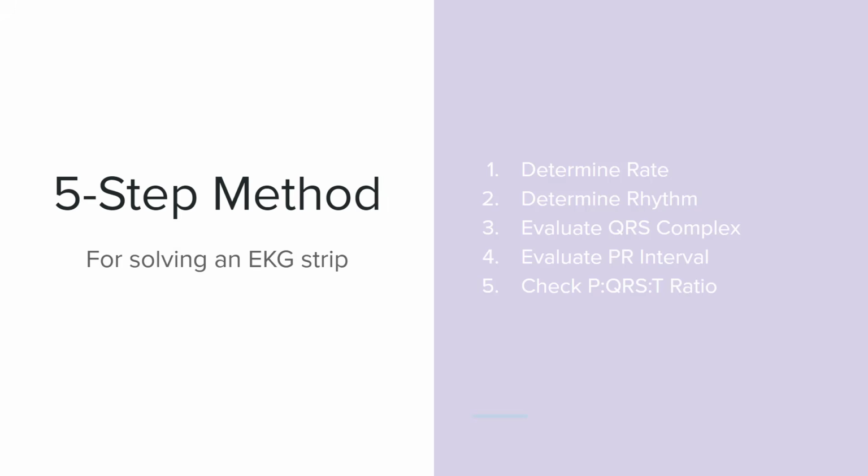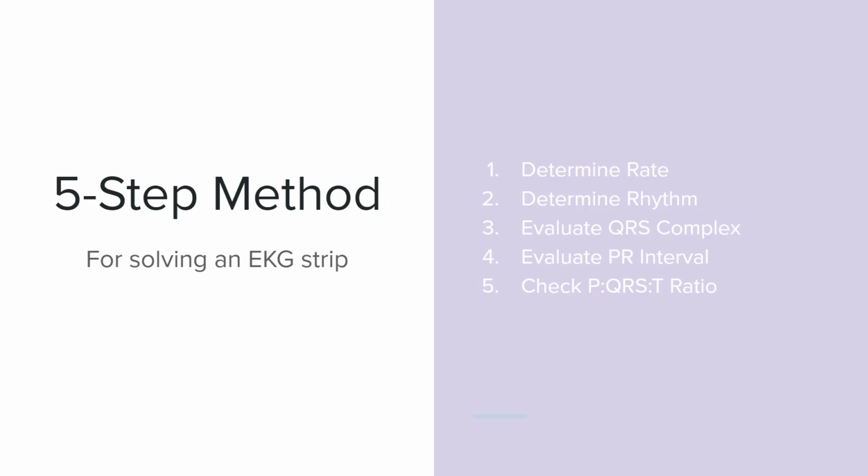Next up, this is just a brief introduction into this. In my normal sinus rhythm video, make sure to go through and watch it because we'll go through this in depth. But in order to look at an EKG strip, these are the 5 things that you need to be looking for. You need to determine the rate and rhythm. Those are the first 2 most important things that we need to look at because that's going to give us our basis of whether or not this is even a dysrhythmia.